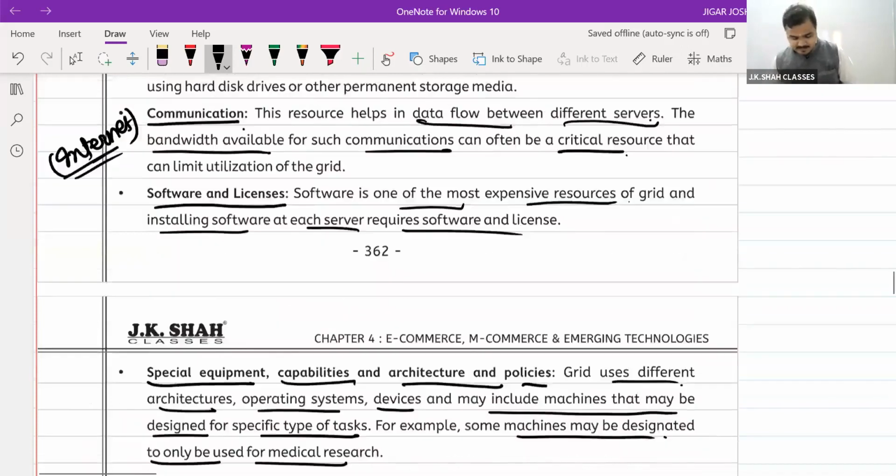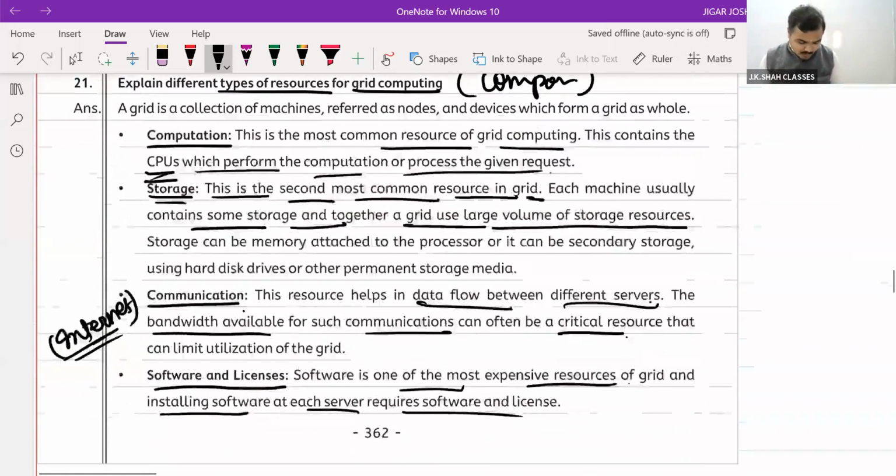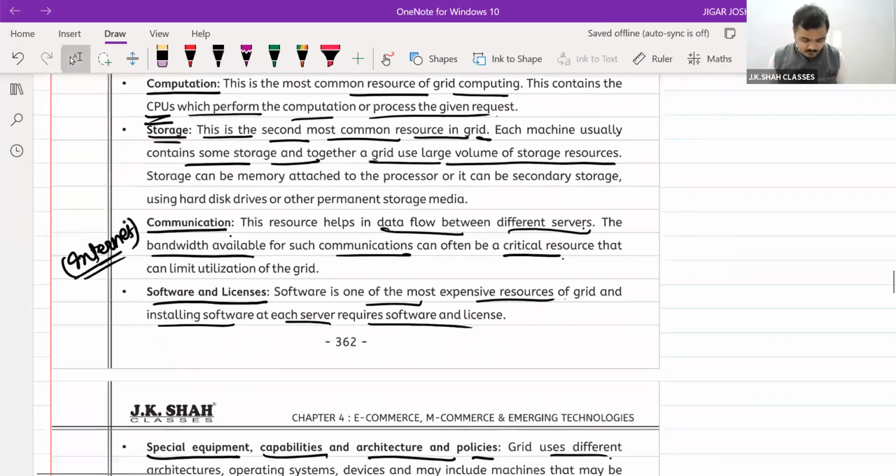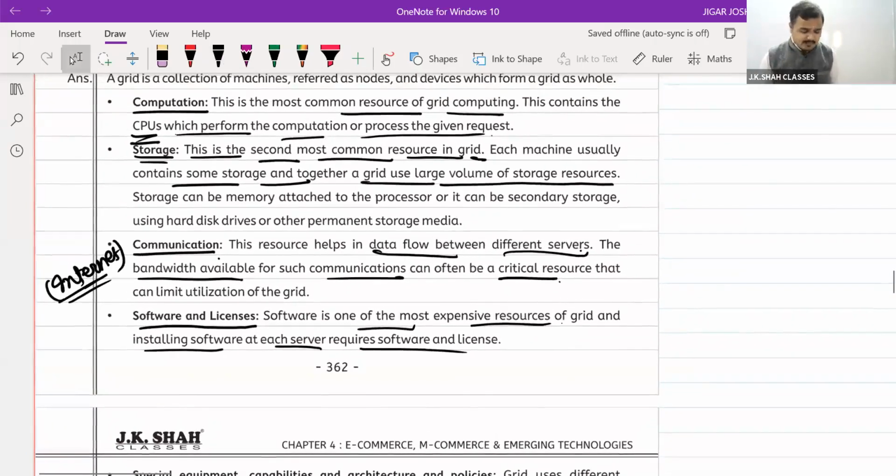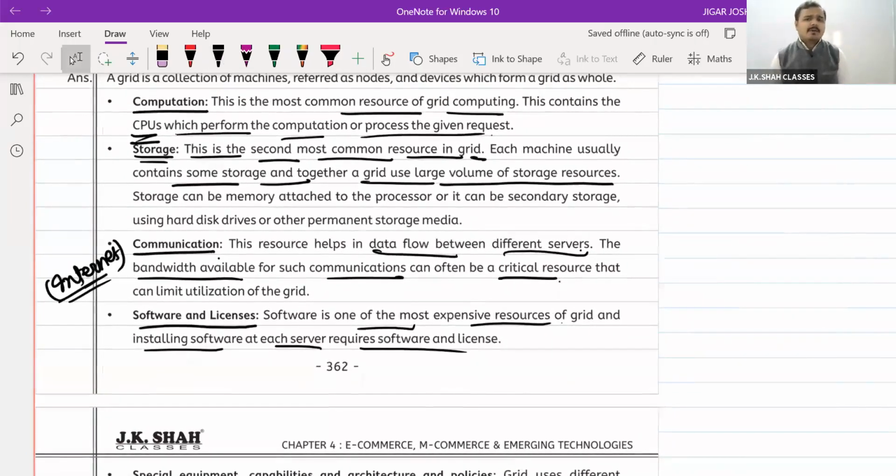Tell me once again, people, all the components of grid. Number one, computation. Number two, storage. Number three, communication.